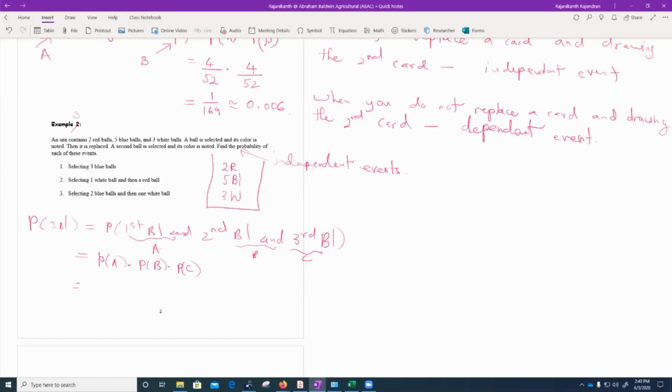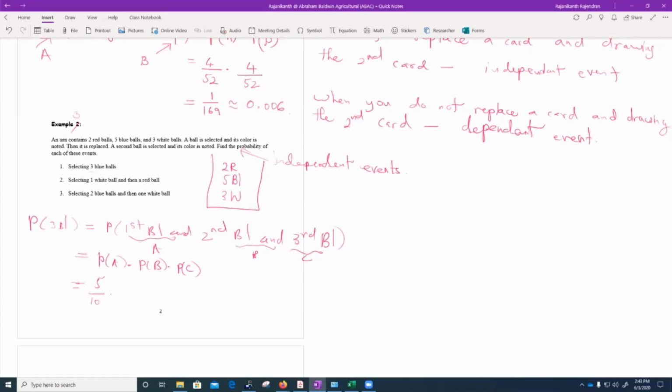Now ask yourself, what is the probability of getting blue the first time? Simply you are drawing one ball out of 10. What are the possibilities of getting blue? There are five possibilities because five of them are in the urn. So it is 5 out of 10. When you draw the second ball, remember you are replacing whatever you got the first time.